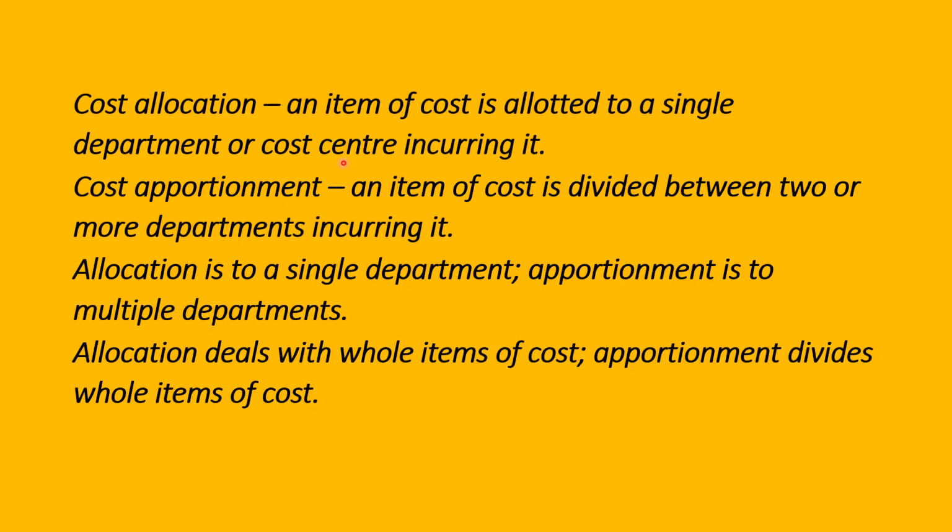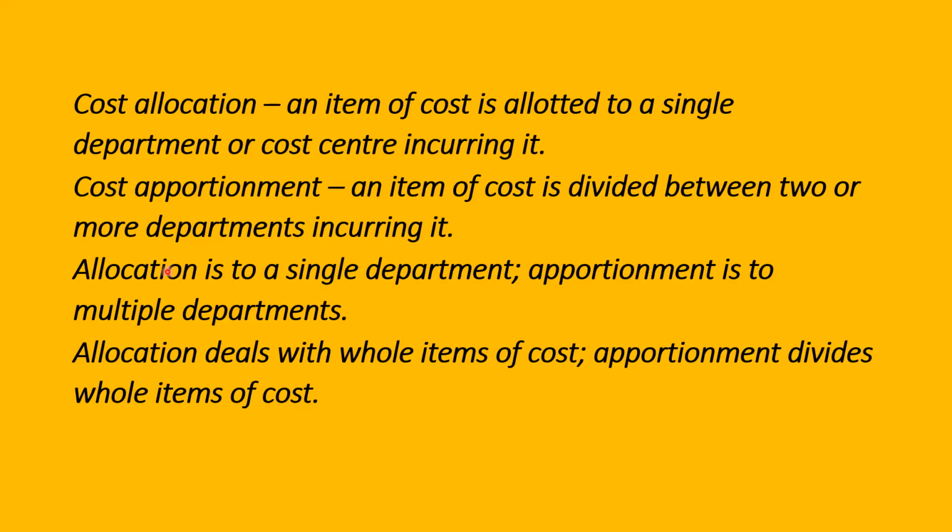Cost apportionment, on the other hand: an item of cost is divided between two or more departments incurring it. So where you have two or more departments both using the service or the cost, you're going to have to apportion it or divide it between the departments.